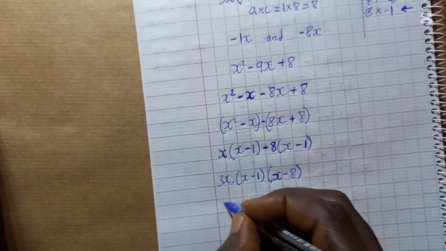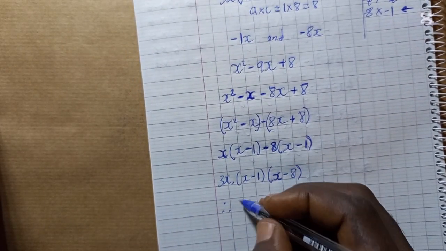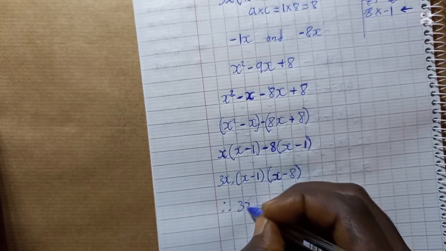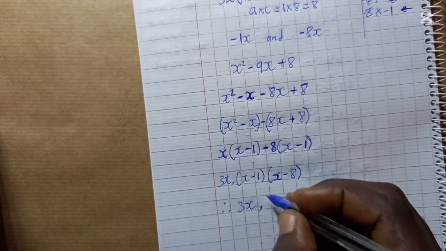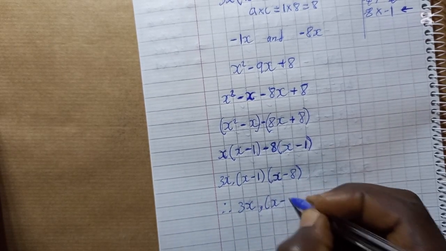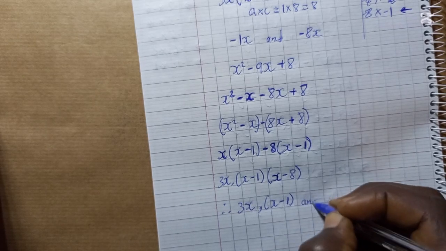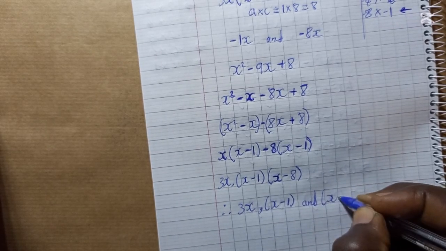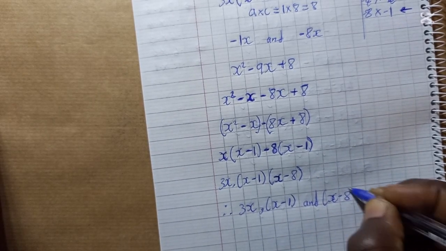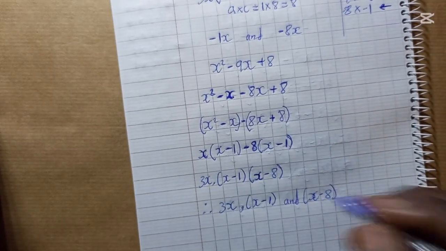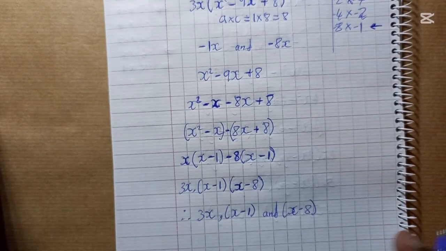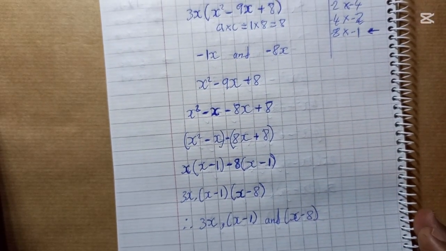Therefore the factors are 3x, x minus 1 and x minus 8. So these are the answers to number 5.